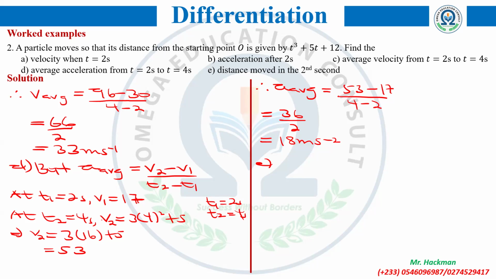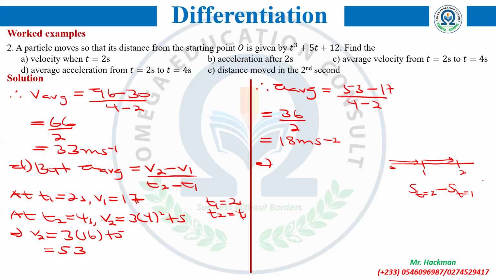Let me quickly walk you through. The distance moved in the second doesn't mean t is equal to 2. Please take note. If you are starting from, this is your first second, your second. So the movement here is the distance moved in your first second. The movement here is the distance moved in your second. So the distance moved in your second will be your distance s at t is equal to 2 minus s at t is equal to 1.